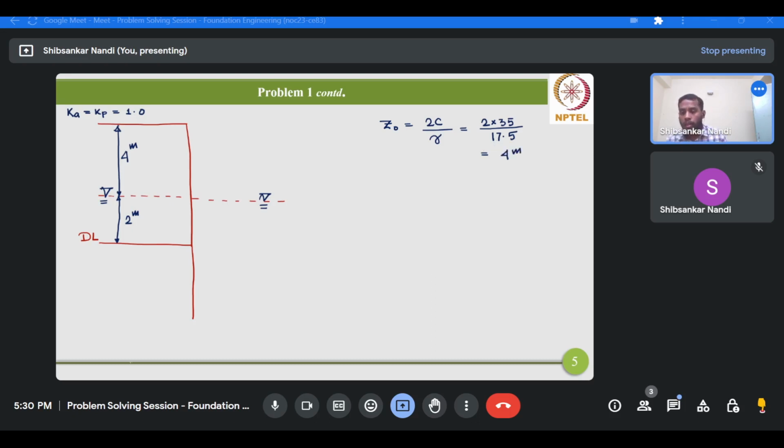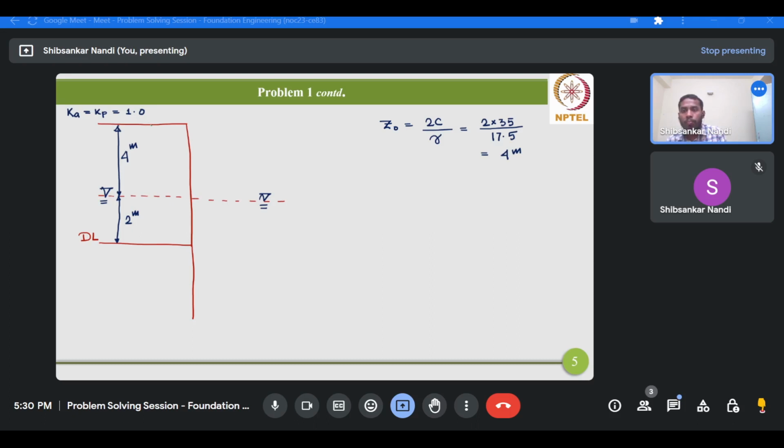So the tension crack depth will be where the active earth pressure for region 1 will be exactly 0 at the level of water table location.